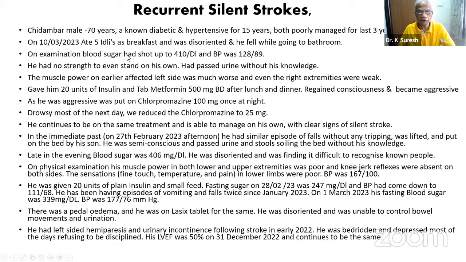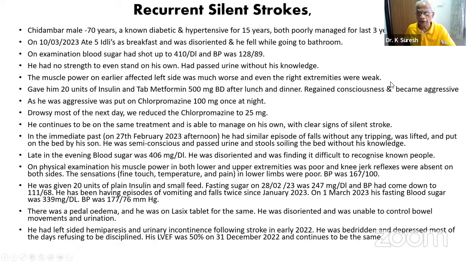On examination, blood sugar had shot up to 410 mg per deciliter. BP was 128. When I examined him the next day, early morning, the muscle power on the earlier affected left side, where he already had hemiparesis for the last 2 years, was worse than it used to be.